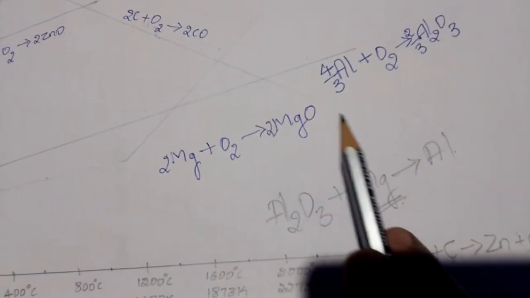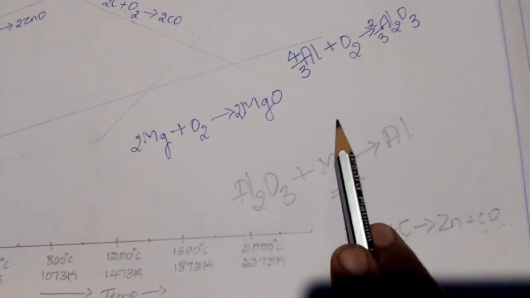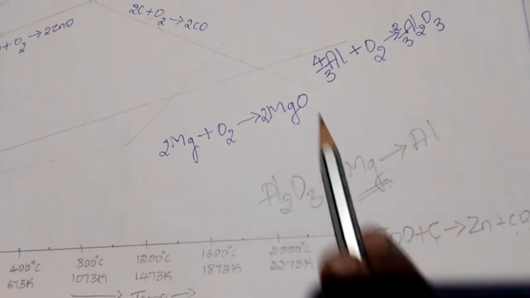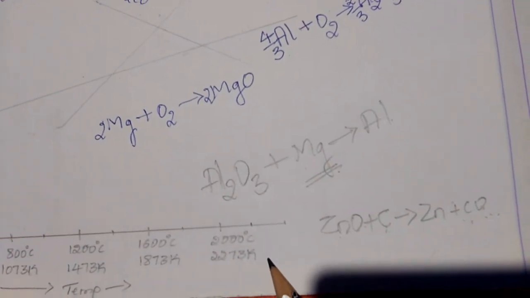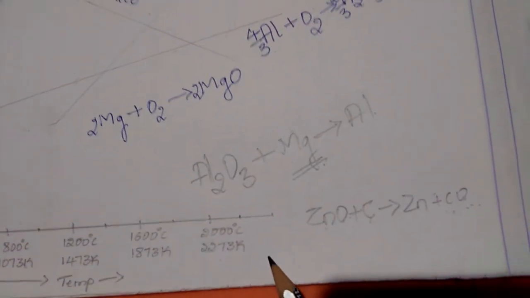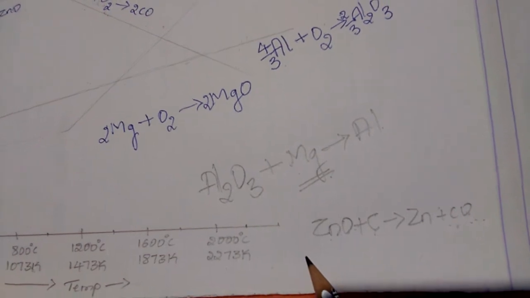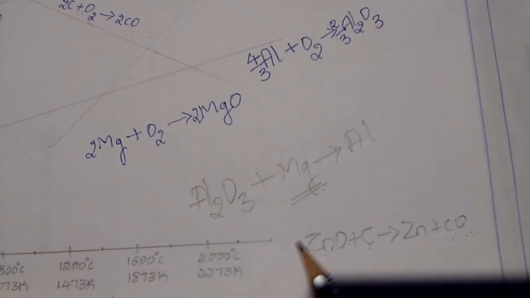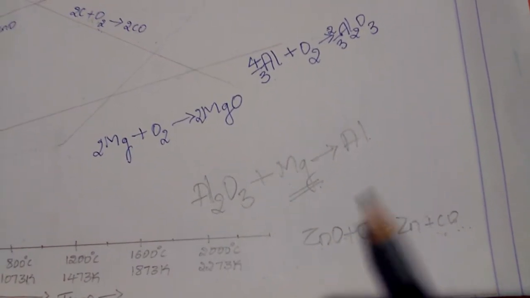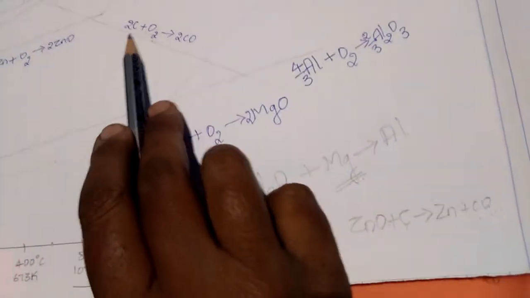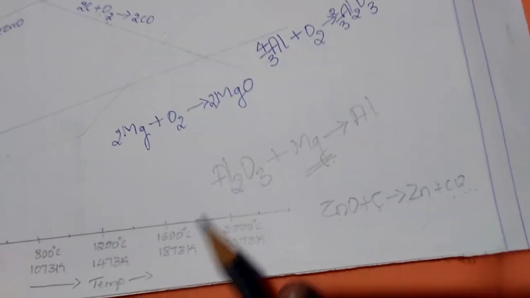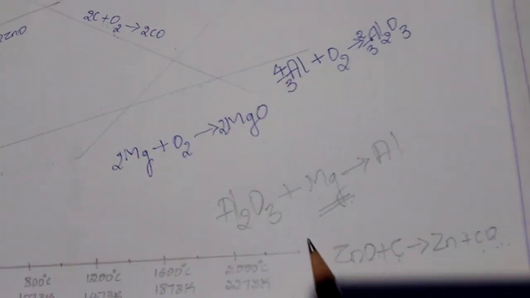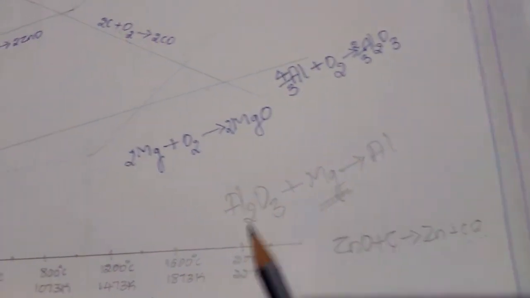So reaching this line itself is very difficult, meaning we have to heat it to more than 2000 degrees Celsius, nearly 2500 degrees Celsius. Getting that much high temperature is highly uneconomical. So that's why we can't use coke as a reducing agent for the extraction of aluminium from aluminium oxide. So we have different methods for the extraction of aluminium.